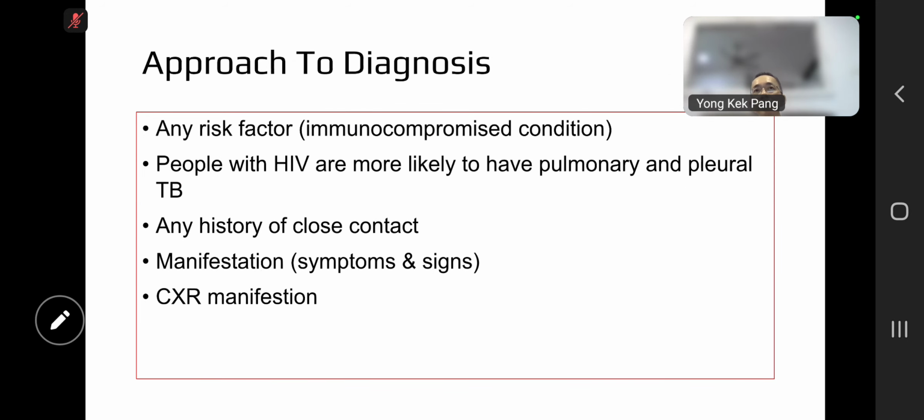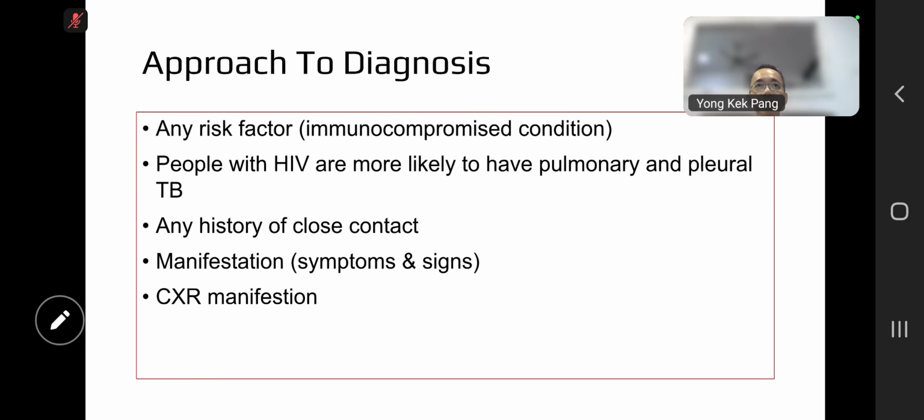So how do we approach a patient with pleural effusion, particularly if you have pleural TB in mind? One of the things that we need to consider if you are thinking of TB is whether there are any risk factors, right?